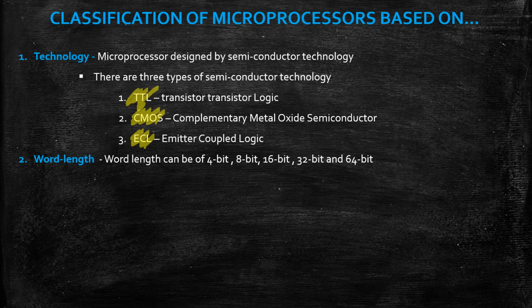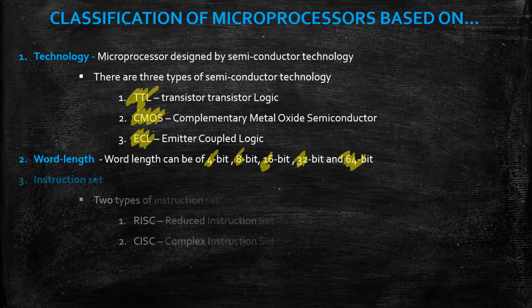Word length means the amount of data the processor can execute in one cycle. So based on word length we have different categories like 4-bit, which is very old, 8-bit, 16-bit, 32-bit, and the latest one is 64-bit, right? So this is the second category.